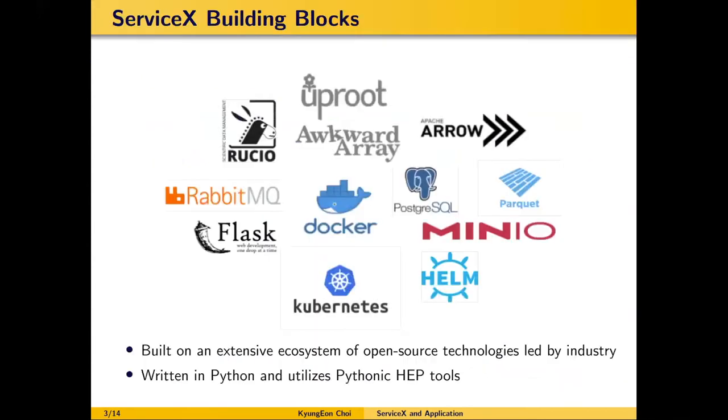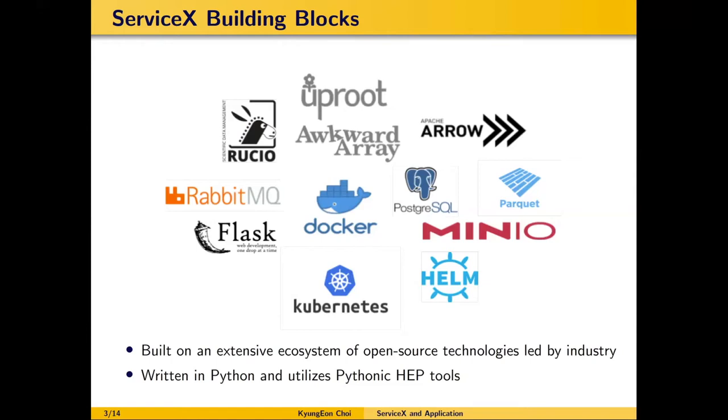Although I'm not going to discuss the architecture of ServiceX itself today, let me briefly introduce what ServiceX is. Like other IRIS-HEP projects, ServiceX utilizes non-traditional HEP tools. It's built on an extensive ecosystem of open source technologies, mostly driven by industry.